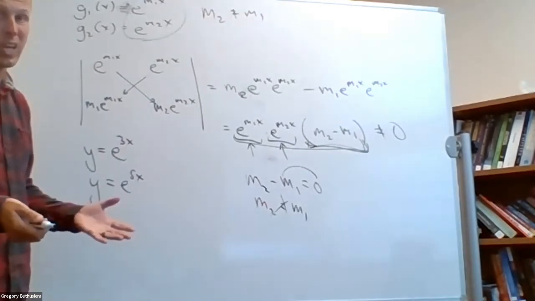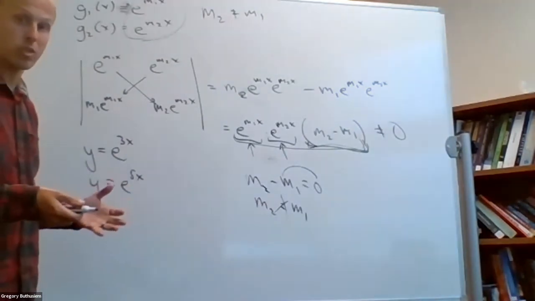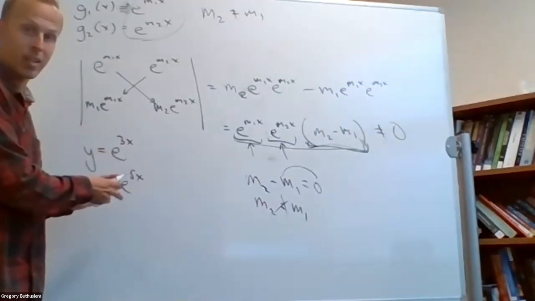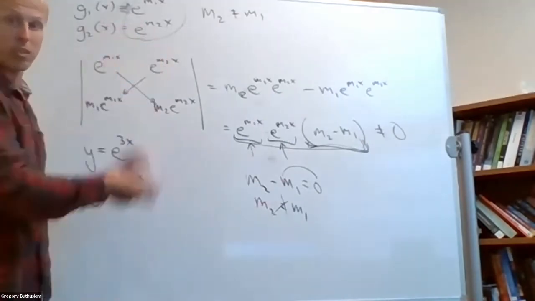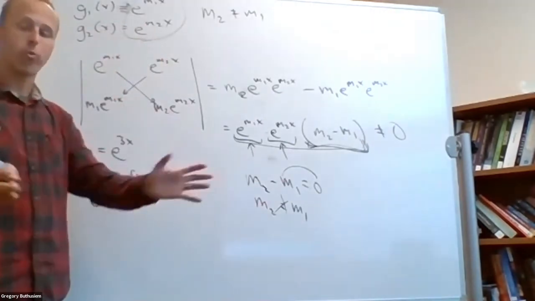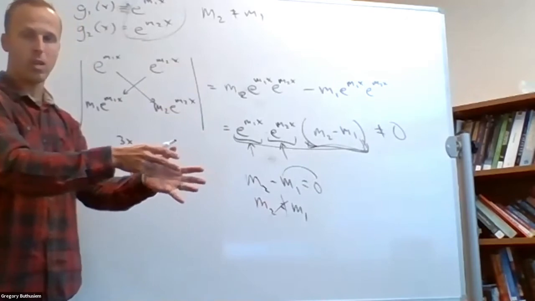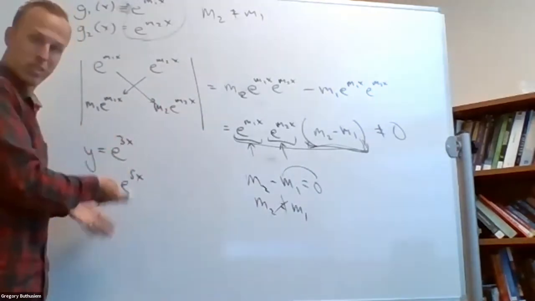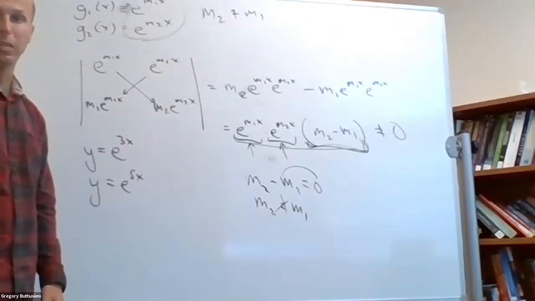That's going to be pretty key because we're going to find solutions to differential equations that look exactly like that. And since we've already proved that they're linearly independent, we won't have to go through and prove it later. We know that these types of functions are linearly independent of one another.